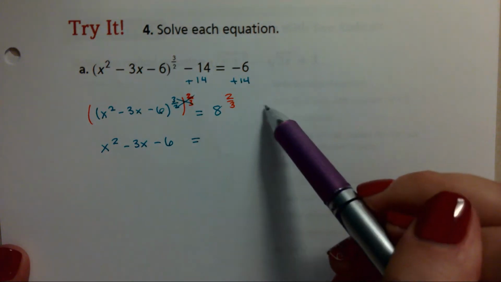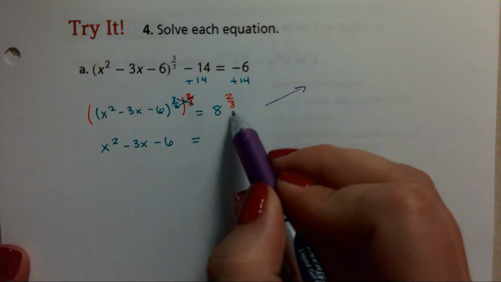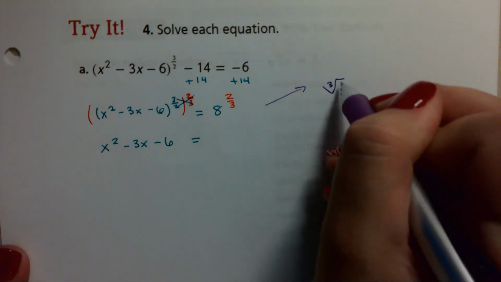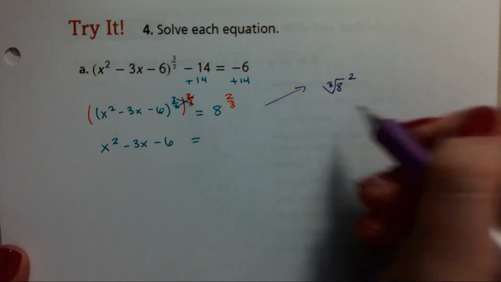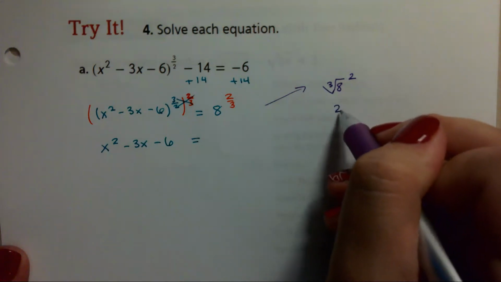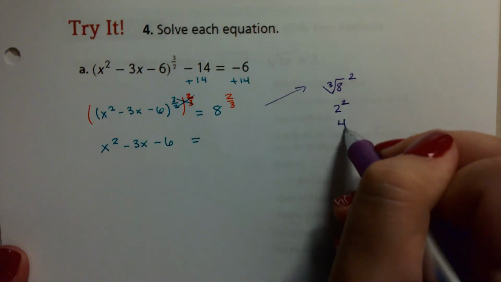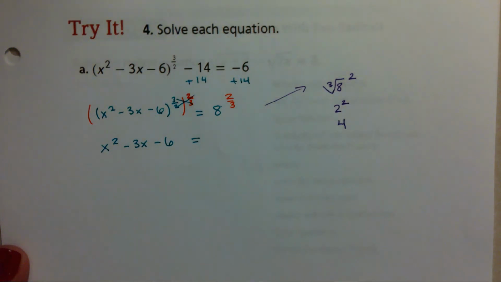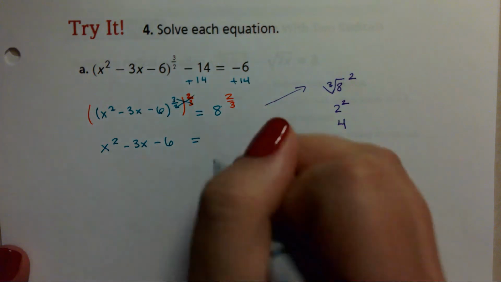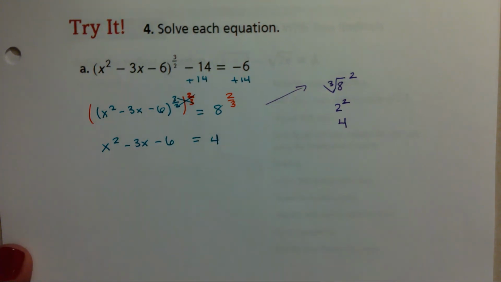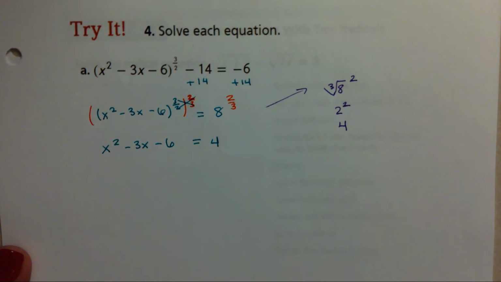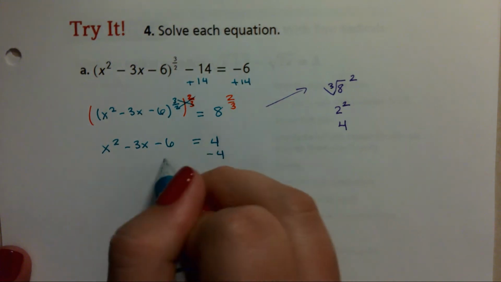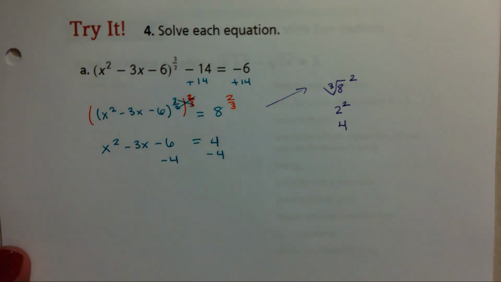should be able to do that without a calculator. That's the cubic root of 8 squared. So the cubic root of 8 is 2, squared is 4. So I'm getting 4 over here. And so I'm going to subtract 4 to the right. I'm sorry, to the left.